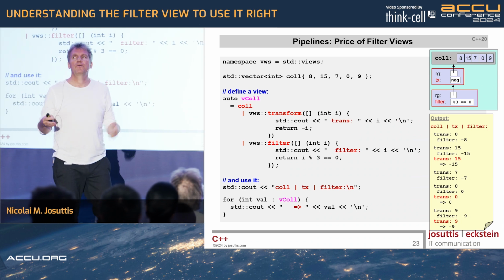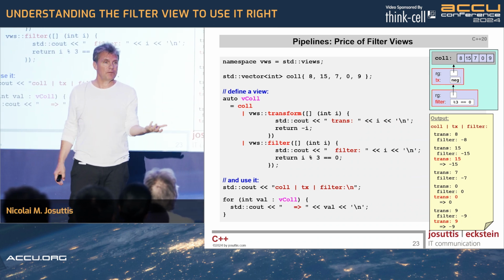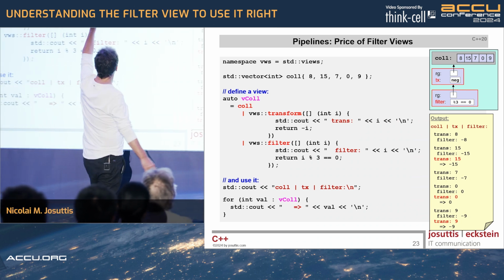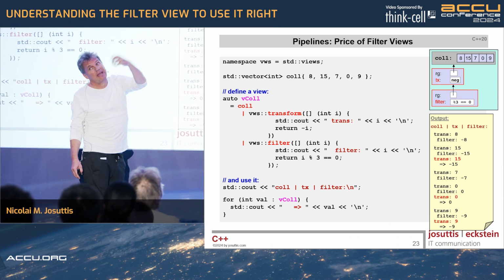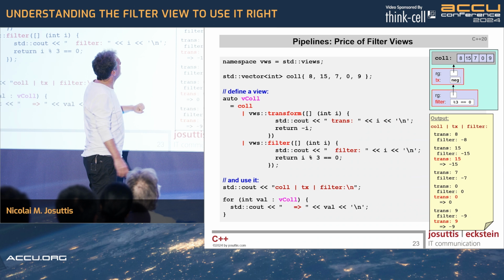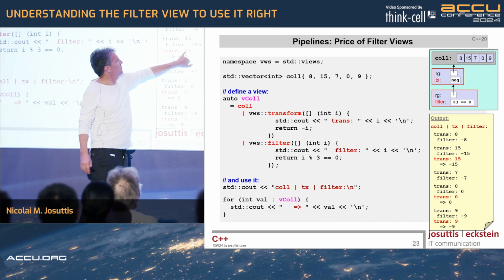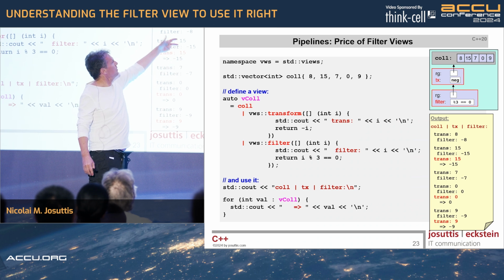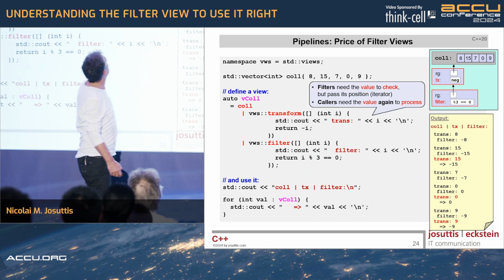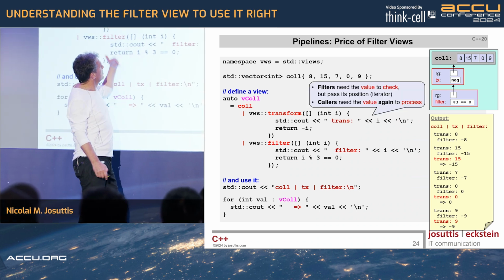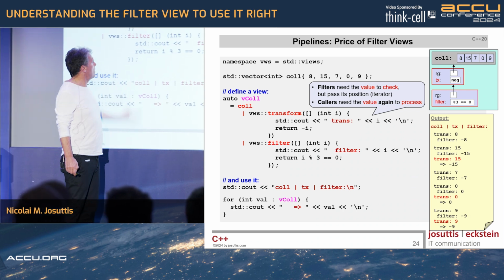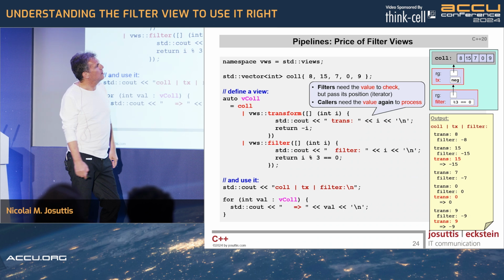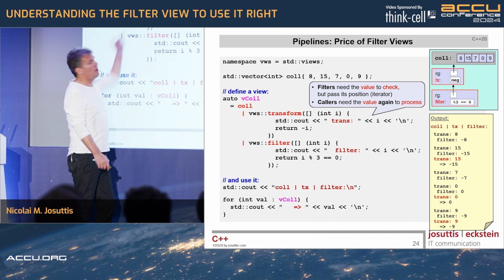And then in the loop, we ask once again for the value because we want to print out the value. So that means once again, we go through this chain and say we want to have the value. And transformation once again has to compute the transformation to the value 15. So therefore you see it twice here. The filter needed it once to decide filtering, and then the caller finally needs the value. That's the next time we look at the value. And really transform is called twice here.